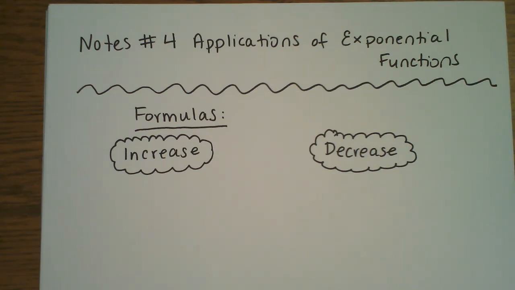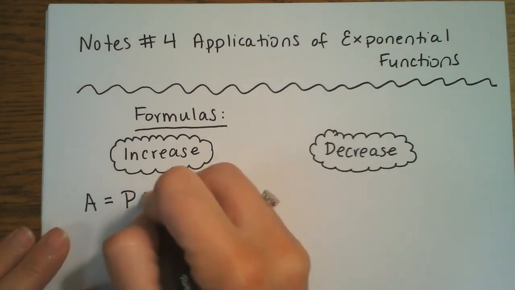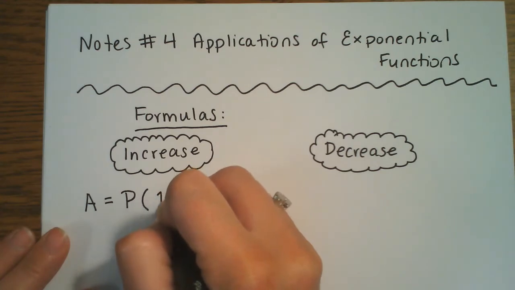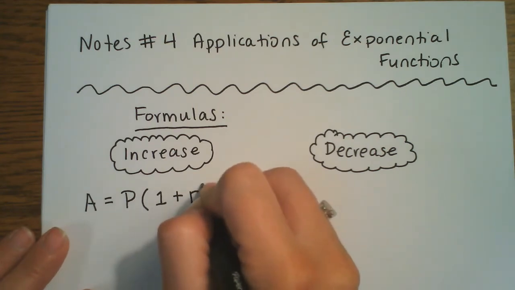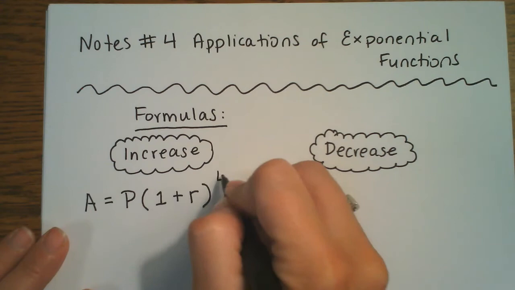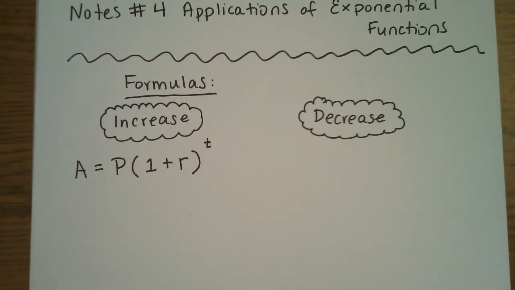So your increase formula is A equals P times parentheses 1 plus R close parentheses to the T power.